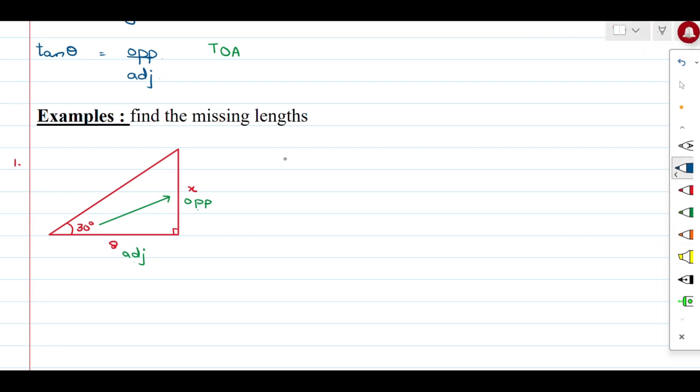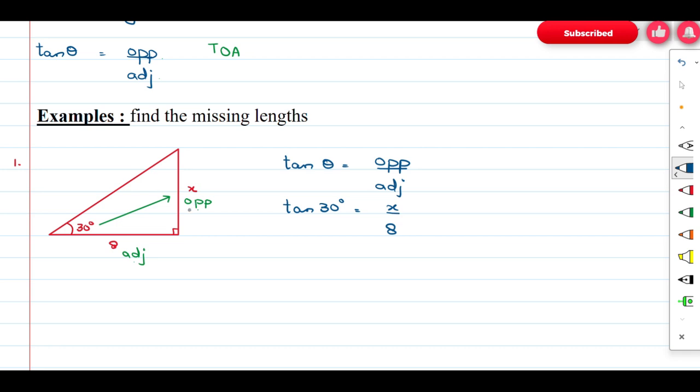So here we can say tangent theta is opposite over adjacent. That is the formula. Here the theta value is 30 degrees. Tangent of 30 degrees is the opposite side x over the adjacent side 8. So this is opposite, this is adjacent. We cross multiply: 8 times tangent of 30 degrees is your x, the missing length of that triangle.